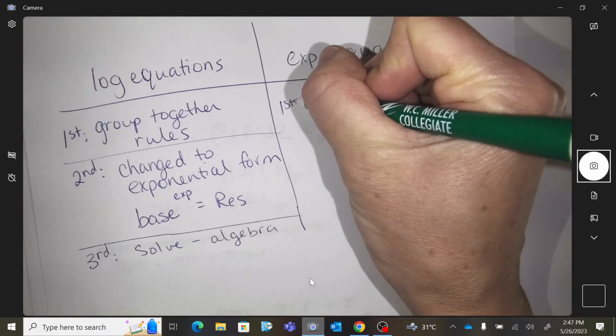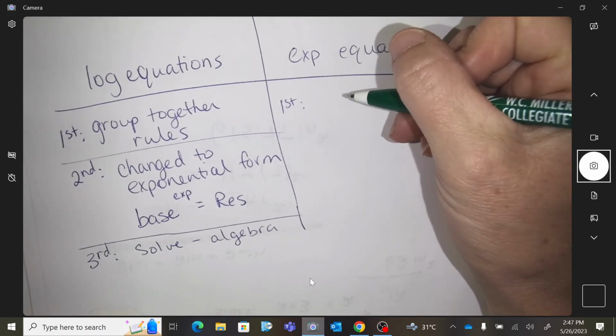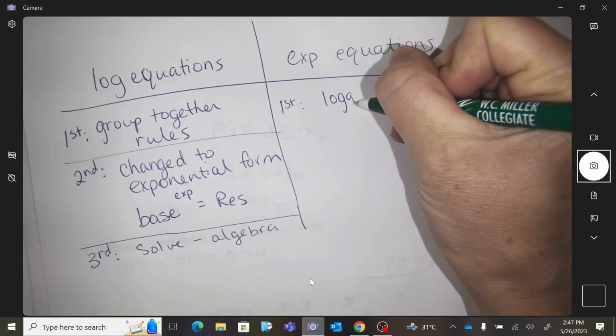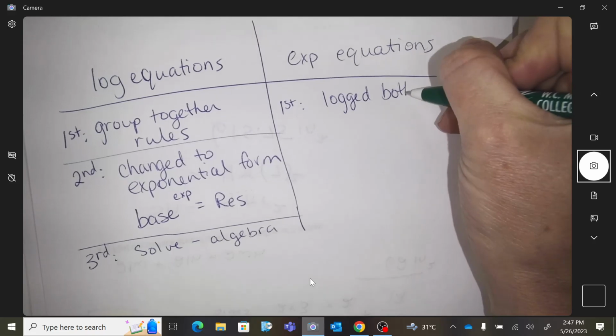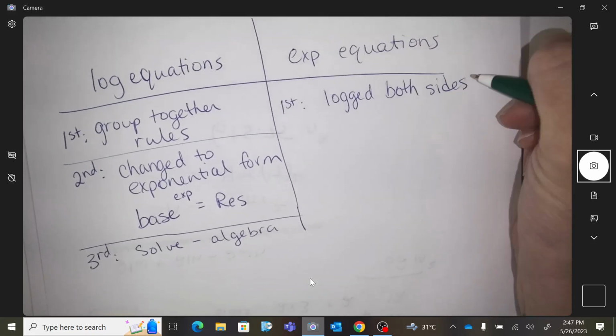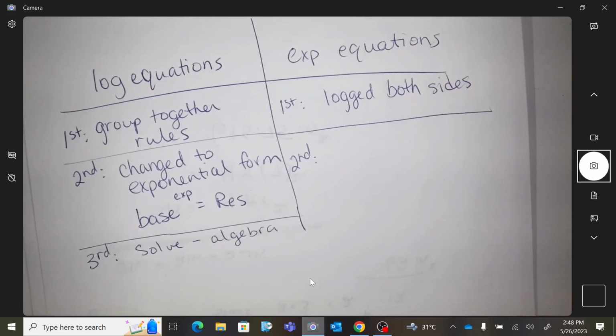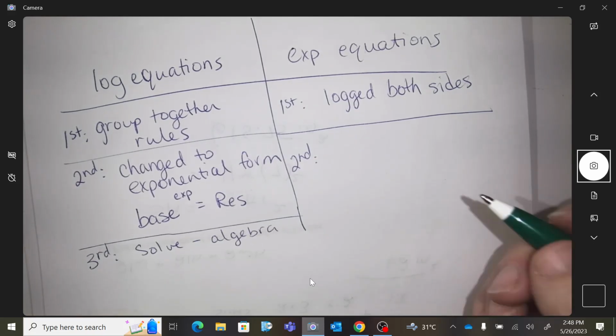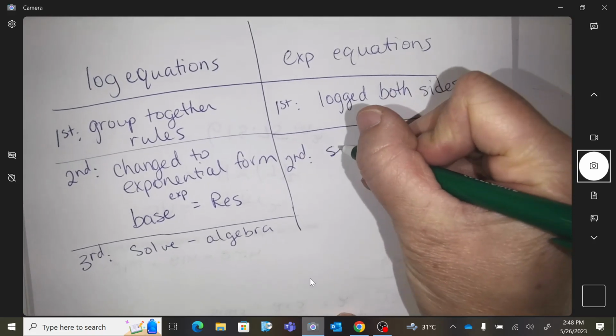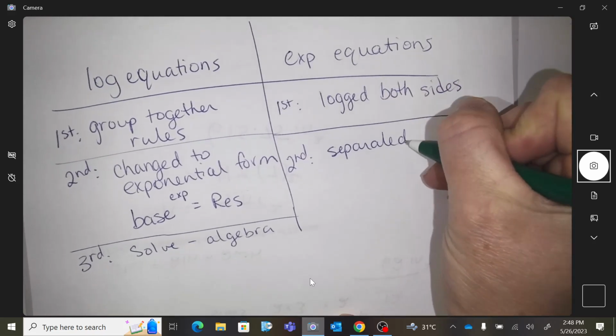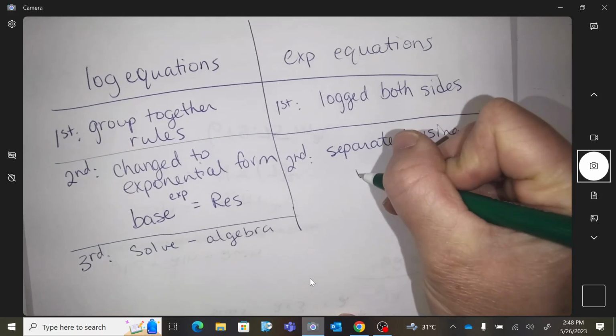Exponential equations, we logged both sides. That just means split it and put a log in front, right? Just put log of this. You can do it because you're putting it on both sides. It's just like me saying I could square this side and square this side if I wanted to. Second, we separated using rules.